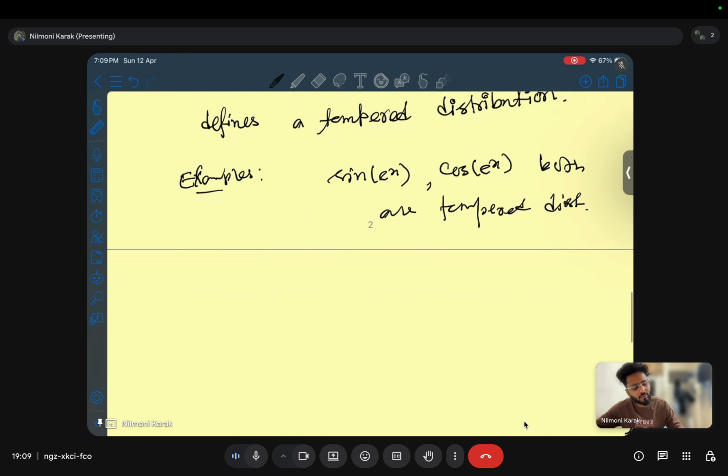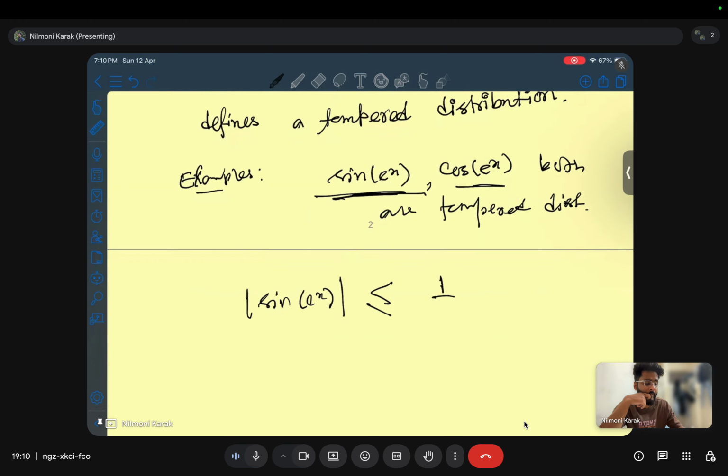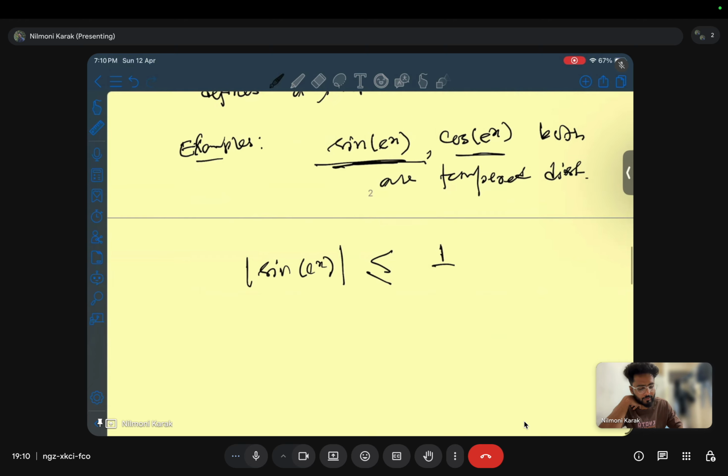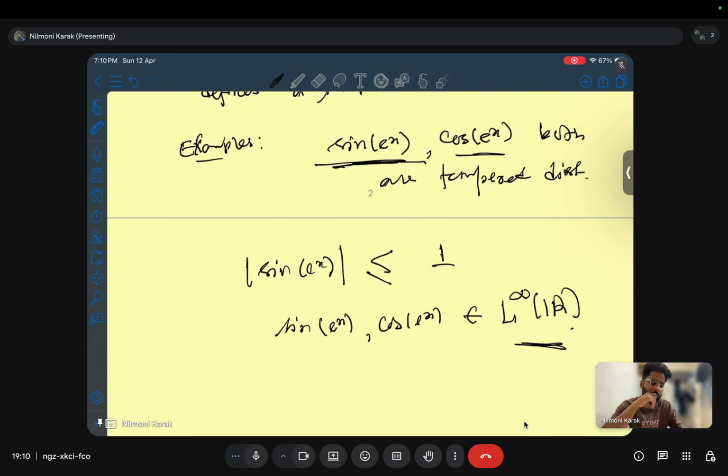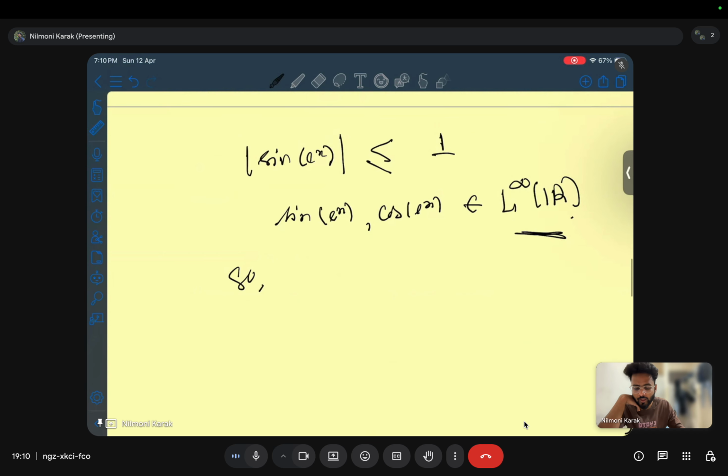Because this is easily a continuous linear map, and both sin(e^x) and cos(e^x) are L^infinity functions. So they are tempered distributions.